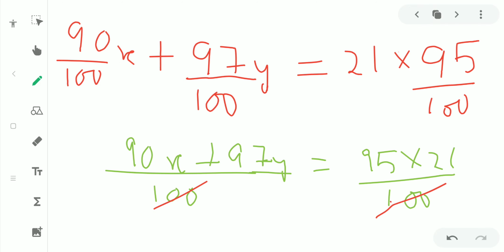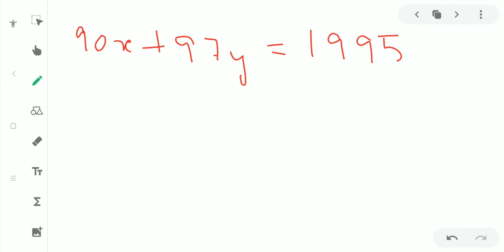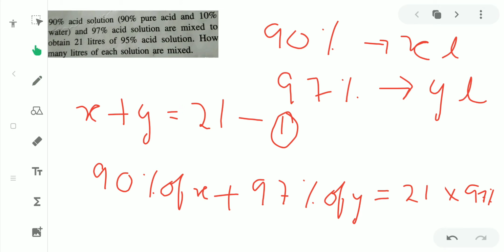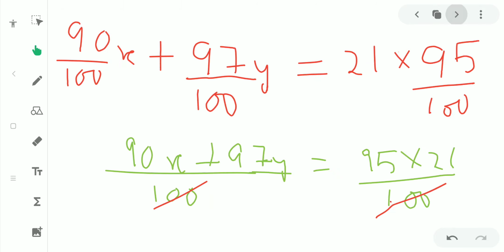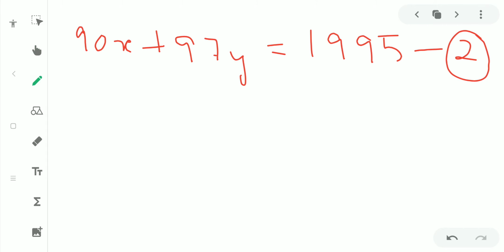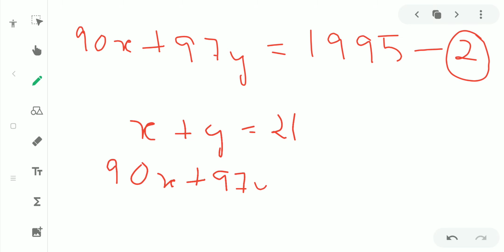So now we got our second equation as well. This is our first equation, x plus y is equal to 21, and our second equation is 90x plus 97y is equal to 1995.